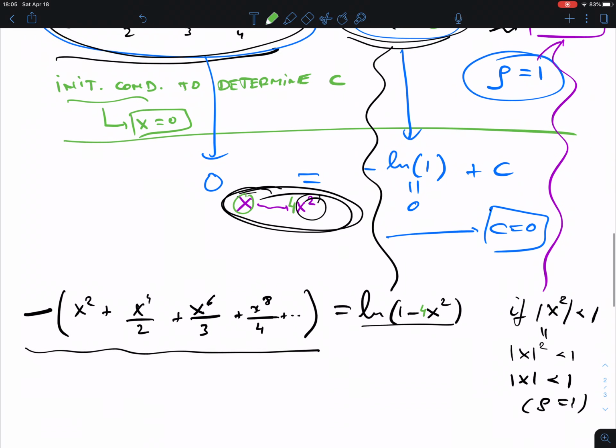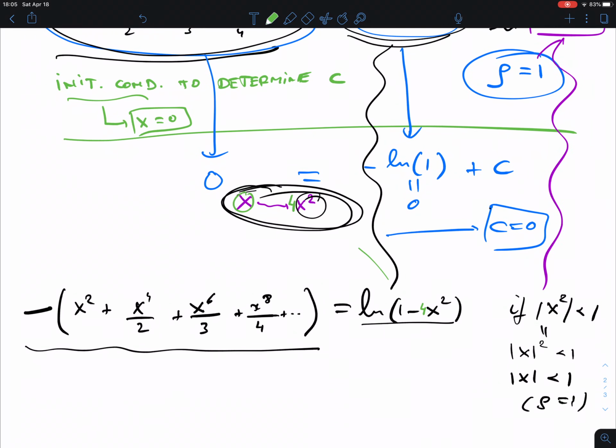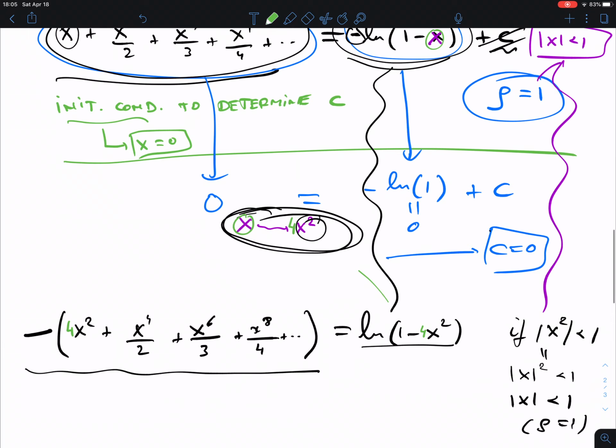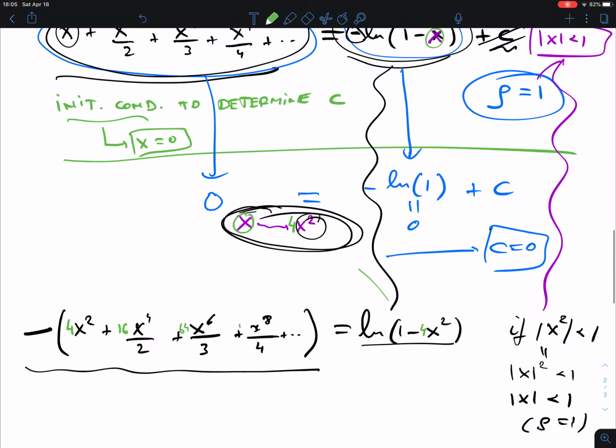What changes? Here we replace x by 4x squared, and then x squared becomes 4x squared squared. So that's 16 x to the fourth. And now we have to take the third power of 4, 64, and the fourth power of 4, which is 256. We're replacing x by 4x squared.